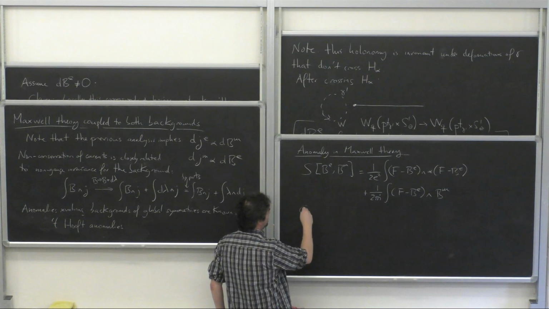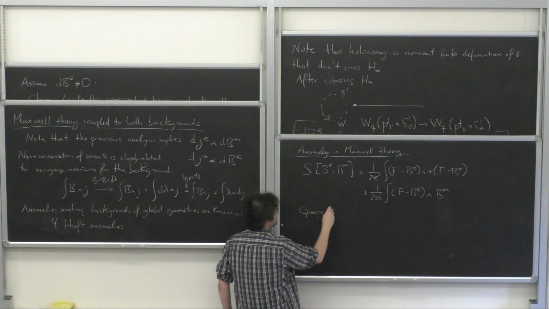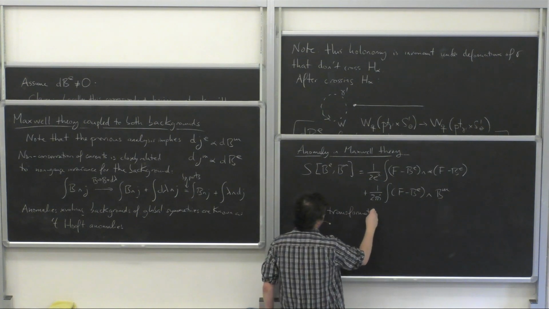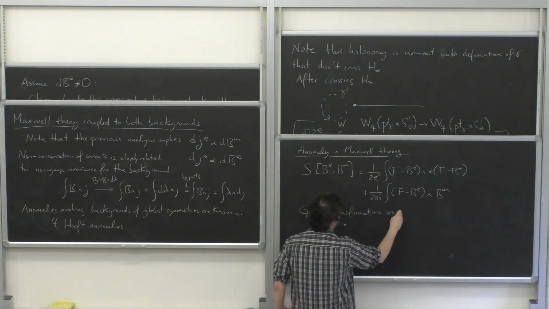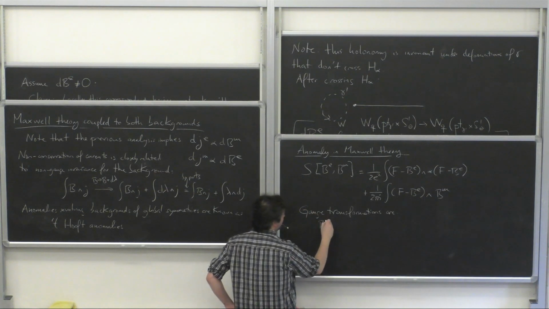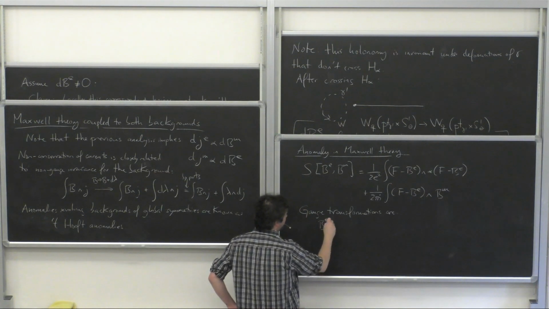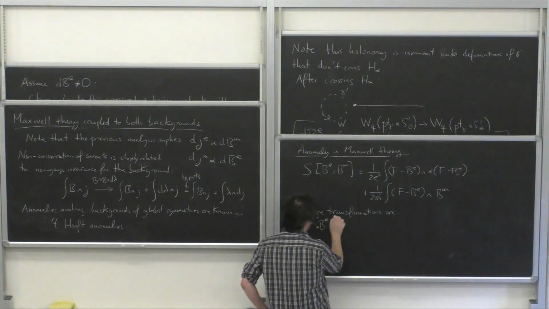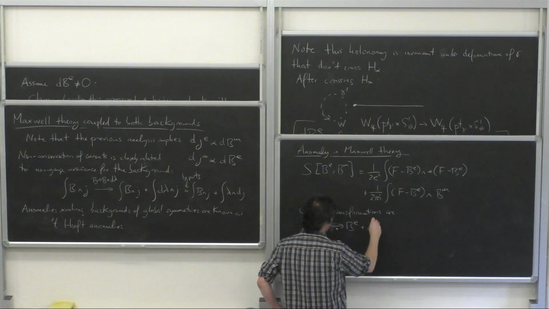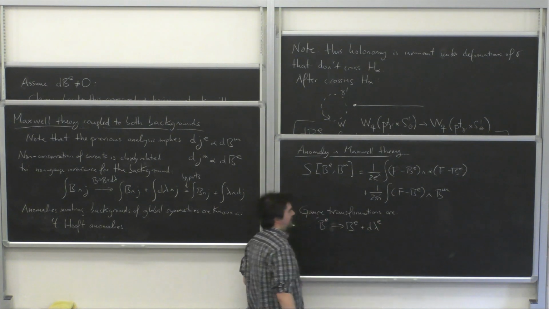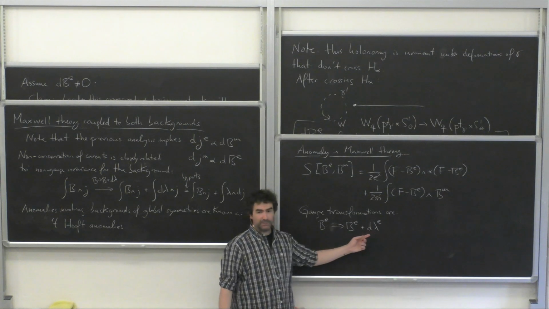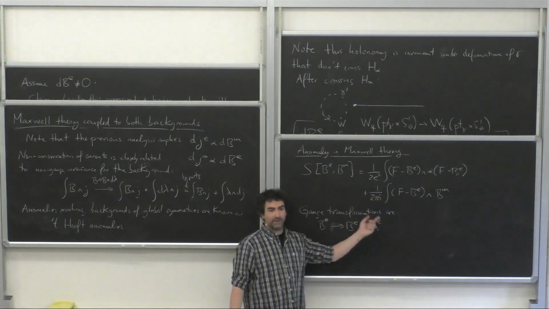Okay, so the gauge transformations are the following. I send Be to Be plus d lambda E. As usual, I'm following physics notation here. You should view this as an integrally quantized two-form.